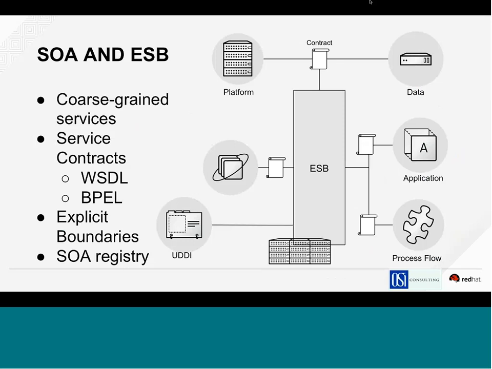I need the transportation function, and this is what this service or group of services provides. During SOA, contracts were focused around web services, SOAP over HTTP, for instance, or even BPEL, Business Process Execution Language, for service orchestration if I choose to go down that route. But also have explicit boundaries: these services only perform these types of functions and nothing more.